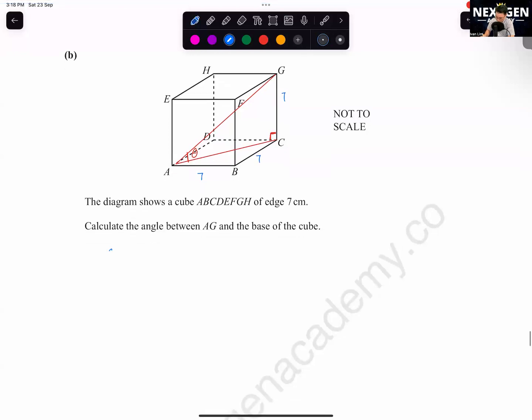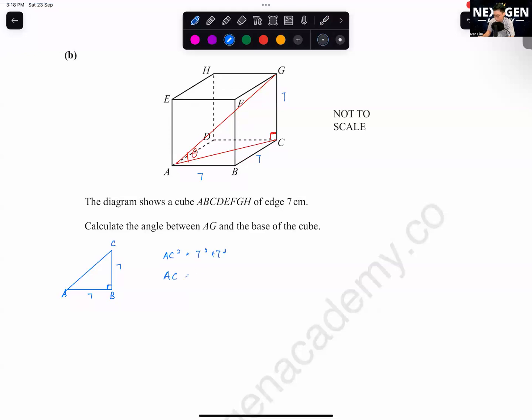Okay, so the triangle on the ground here will be A, B, C, with sides 7 and 7. So in triangle ABC, AC squared equals 7 squared plus 7 squared.